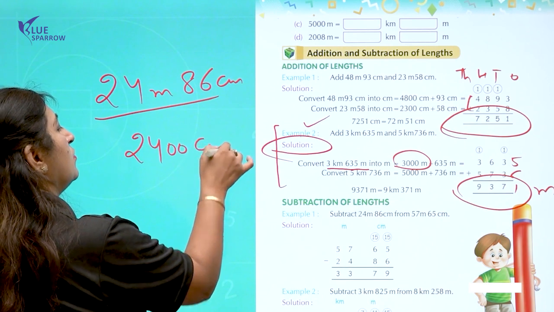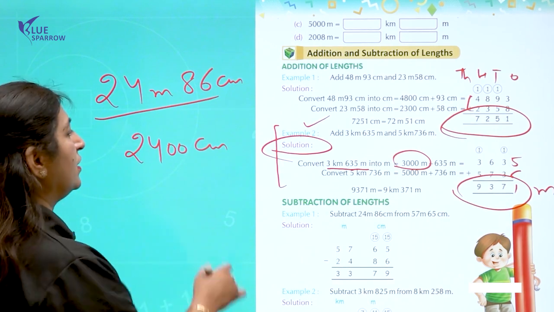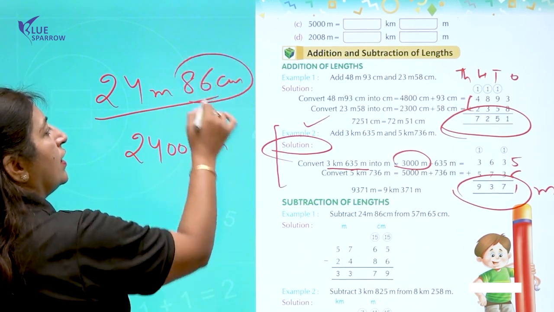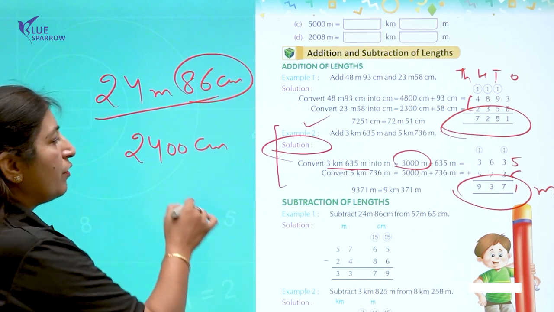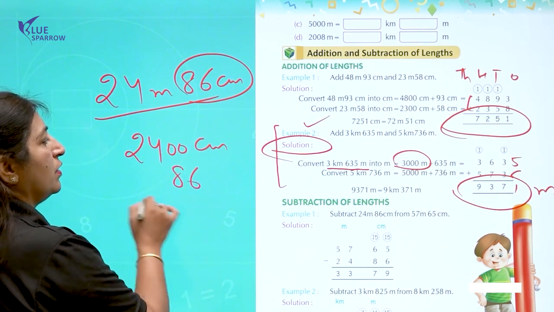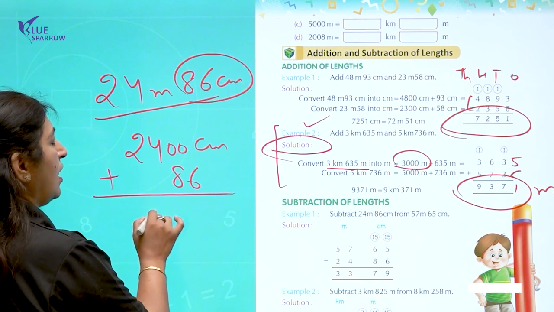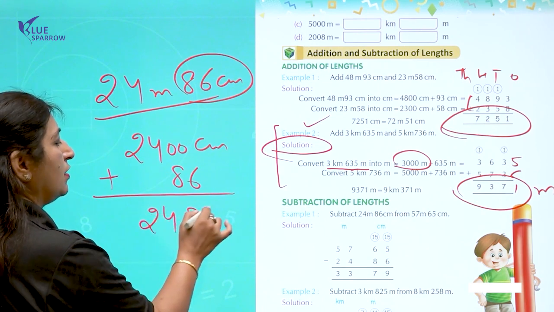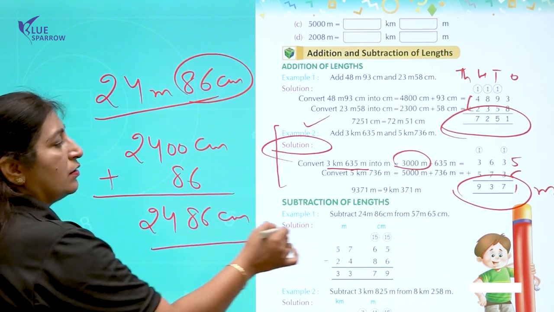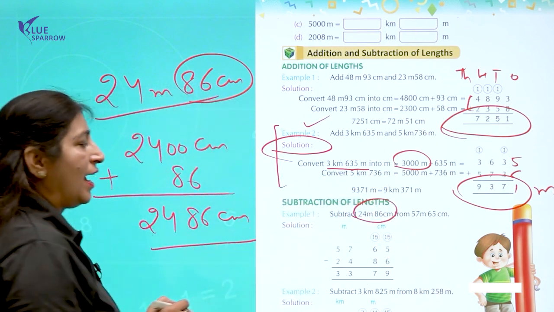And now 86 centimeter were already there. We would add this 86 number to 2400 and the answer becomes 2486 centimeter. The first length becomes 2486 centimeter.